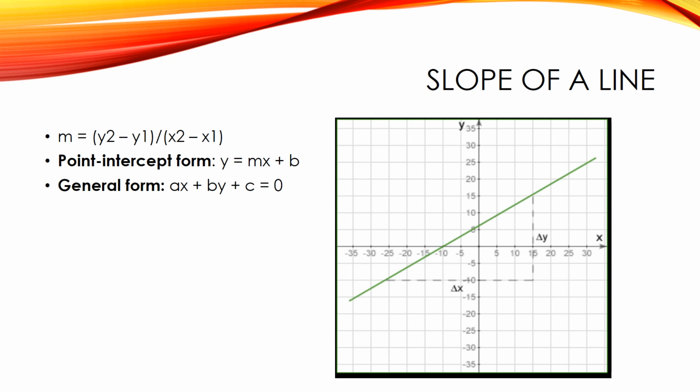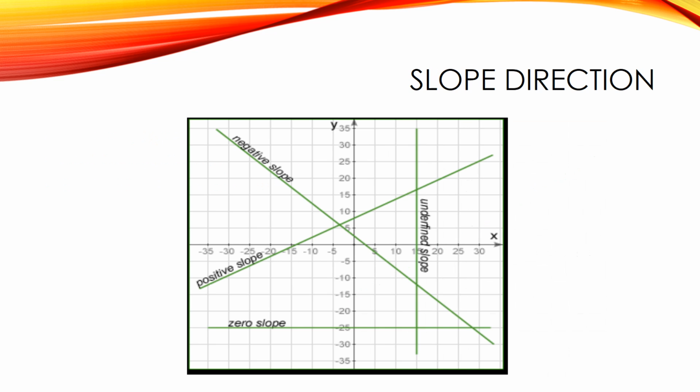Slope direction. The slope of a line can be positive, negative, 0 or undefined. Let us look at all the slope directions. Positive slope. Here y increases as x increases.